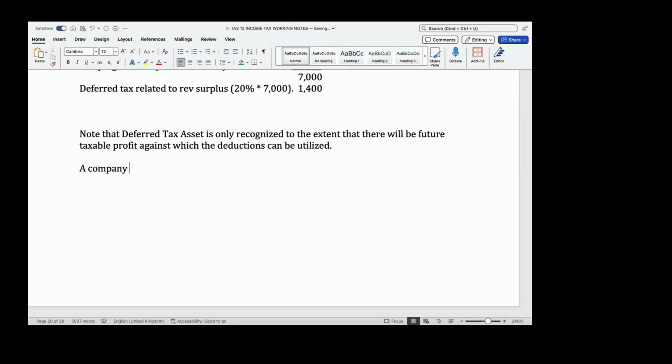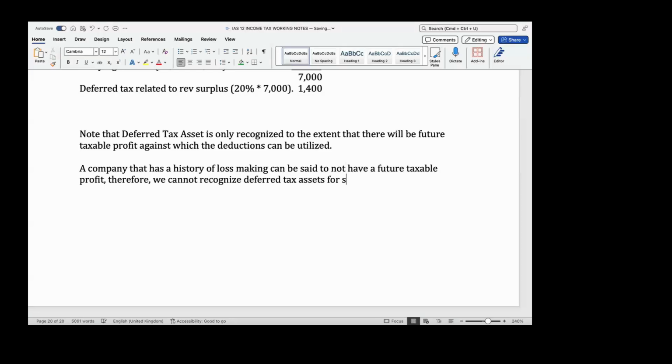A company that has a history of loss making can be said not to have a future taxable profit. Therefore, we cannot recognize deferred tax assets for such a company. Okay, so I just needed you to note this down.